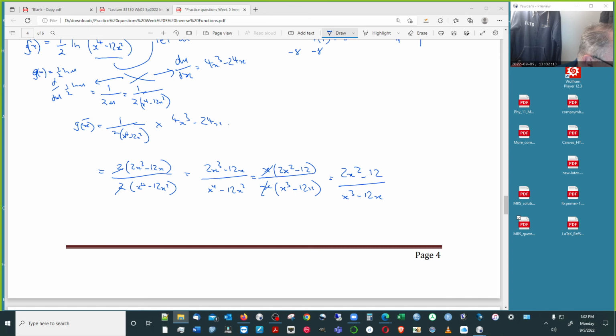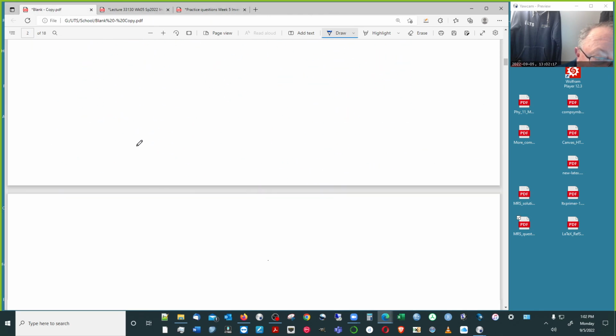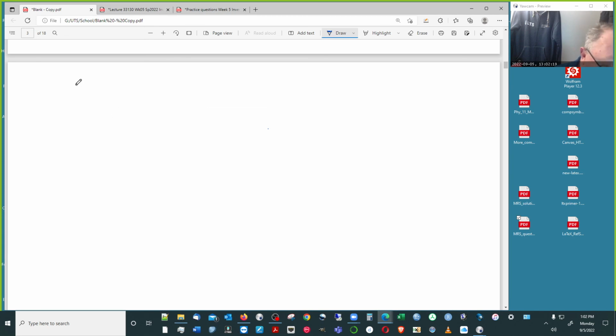Alright, so I'll just do a map, and then that way you can look at it later, okay? It's literally a list. Okay, so the first method of integration would be up and under.